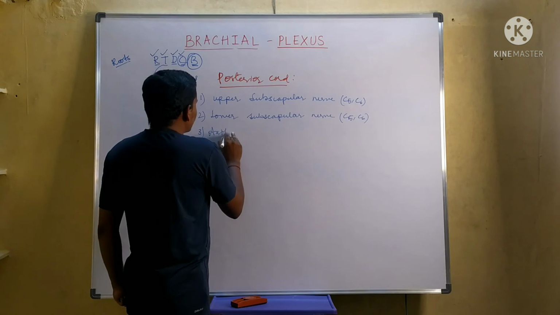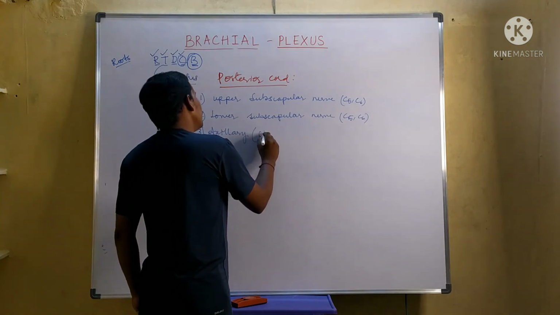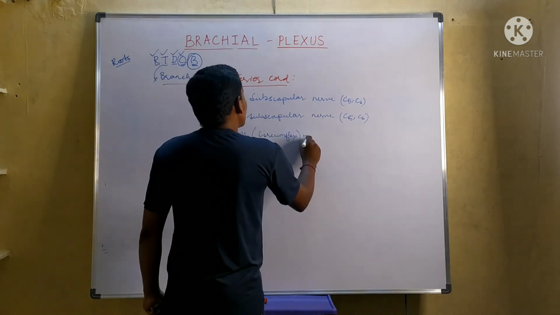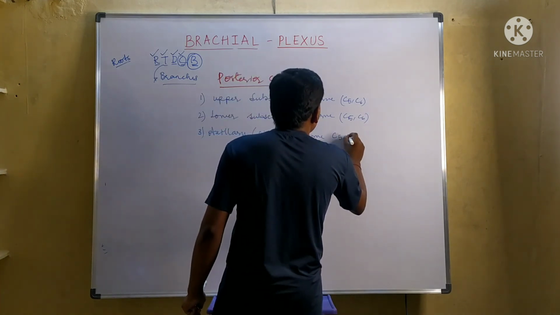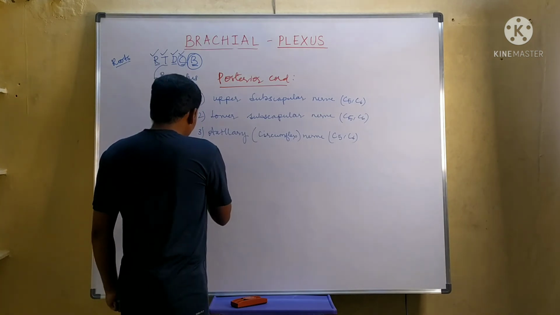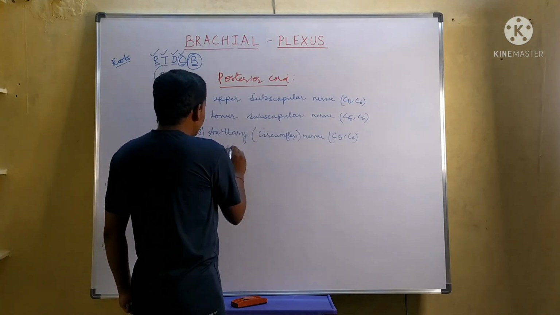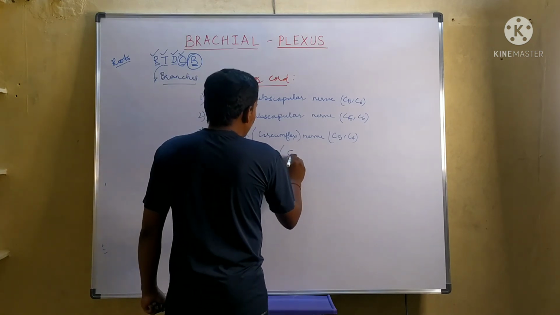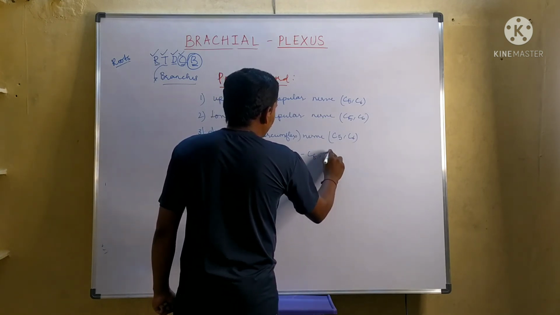Axillary nerve, third branch. Axillary nerve is also known as circumflex nerve, which is C5, C6 nerve root value. And the fourth is the radial nerve. Root value is C5 to C8, T1.